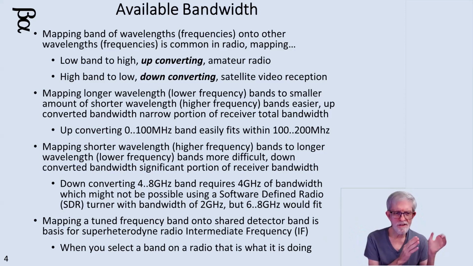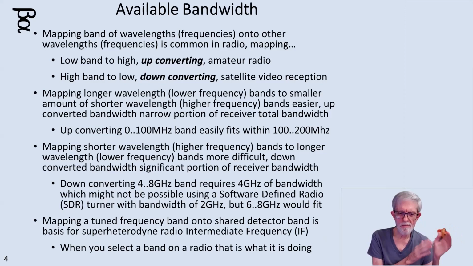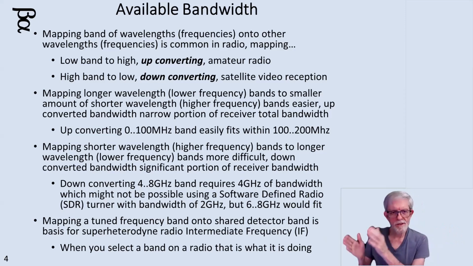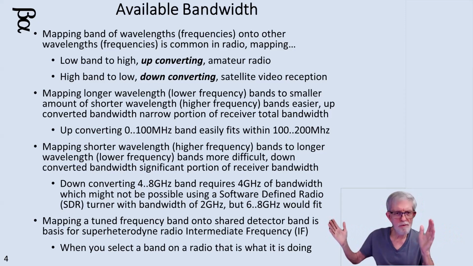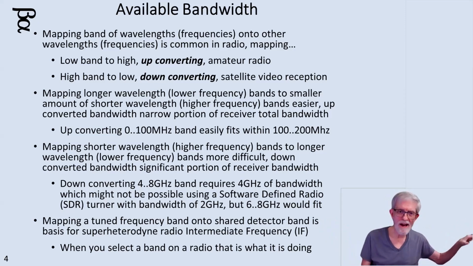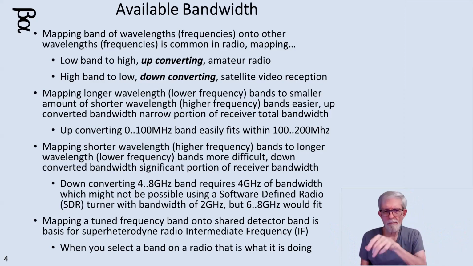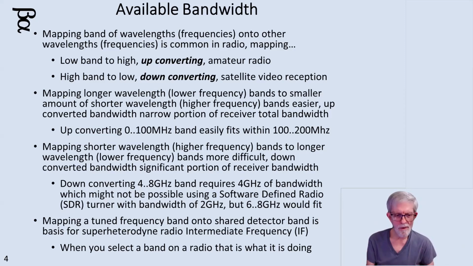So if I want to listen to 0 to 100 megahertz, I can take that and fit it into the 100 to 200 megahertz of my 2 gigahertz bandwidth radio receiver. So it's real simple to just grab a wide chunk from the low end and plop it into what would occupy a very narrow chunk at the higher end. Not so if you're going the other way around.